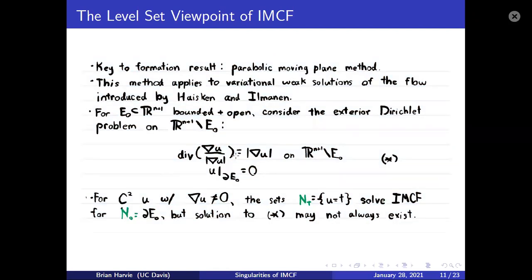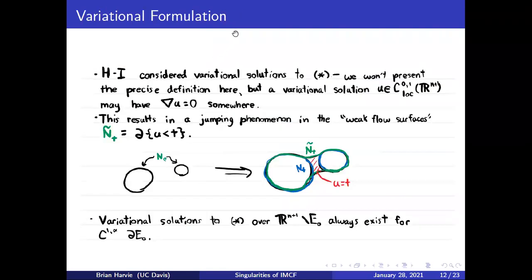As a way of getting around this, Huisken and Ilmanen developed a notion of variational solutions to star. I won't present their precise variational formulation of star because it's quite complicated, but maybe I'll just mention the key properties.